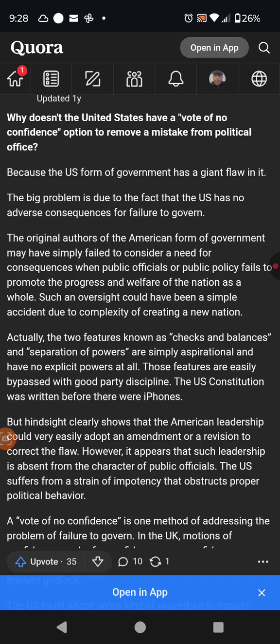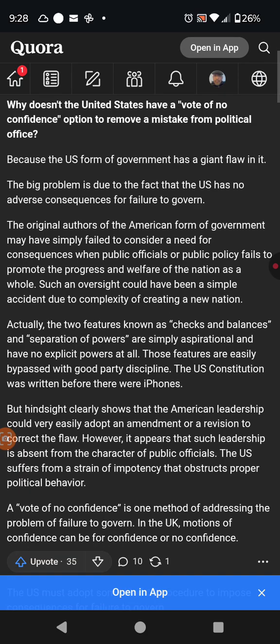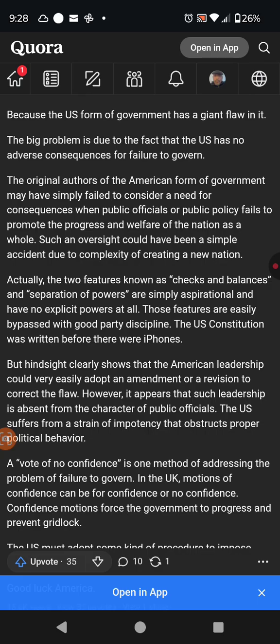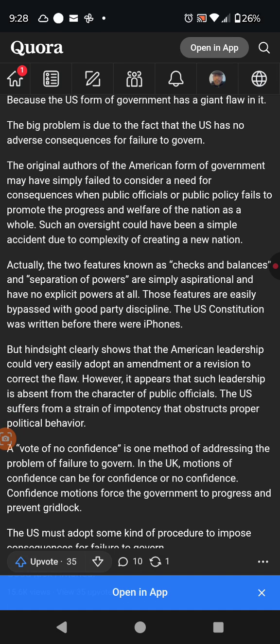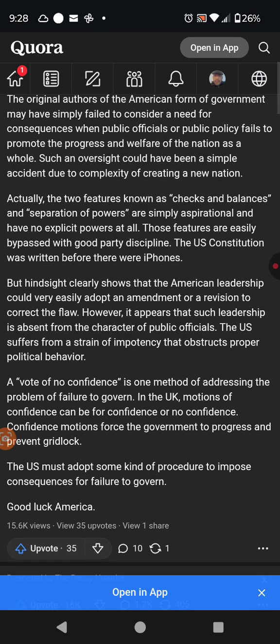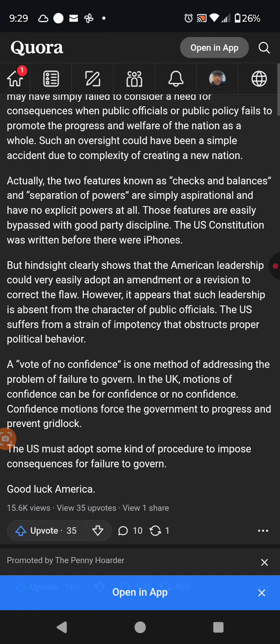Because the U.S. form of government has a giant flaw in it. The big problem is that the U.S. has no adverse consequences for failure to govern. The original authors of the American form of government may have simply failed to consider the need for consequences when public officials or public policy fails to promote the progress and welfare of the nation as a whole, an oversight which could have been simple due to the complexity of creating a new nation.